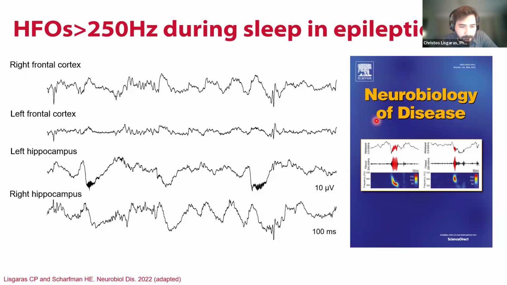Importantly, I think in one of the webinars, Premex showed that when you use levetiracetam to reduce HFOs above 250 hertz, you don't reduce the ones below, like 80 to 200, that are involved in memory. So it doesn't affect the normal frequencies, but the abnormal ones seem to be helped.